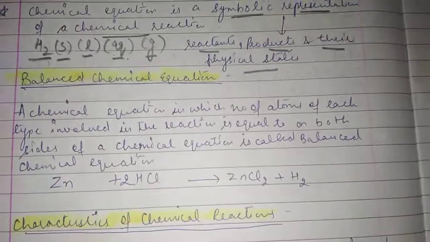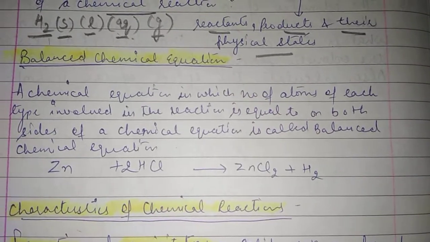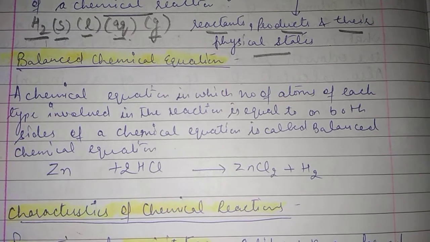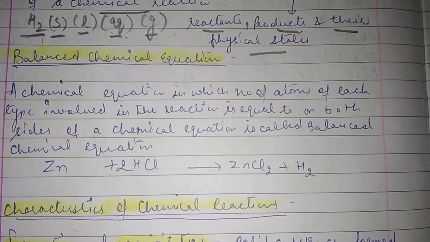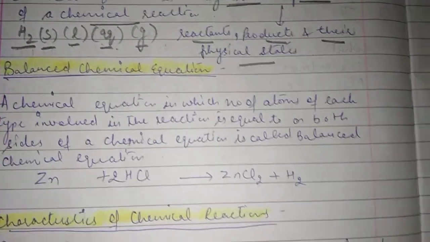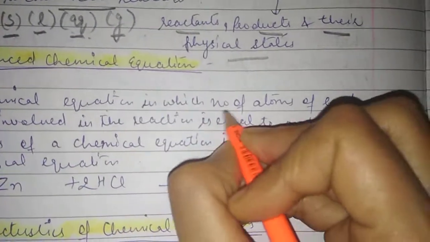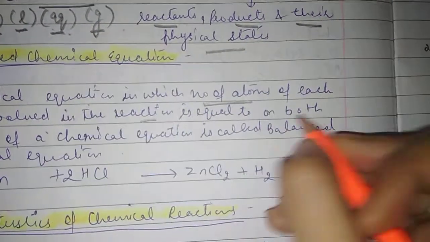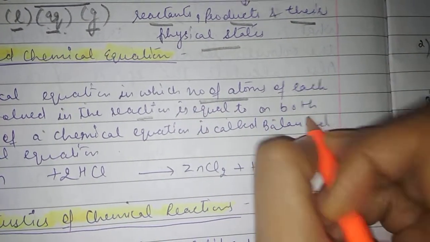Now the first main topic of this chapter is the balanced chemical equation, balancing of the chemical equation. A chemical equation in which the number of atoms of each type involved in the reaction is equal on both sides.